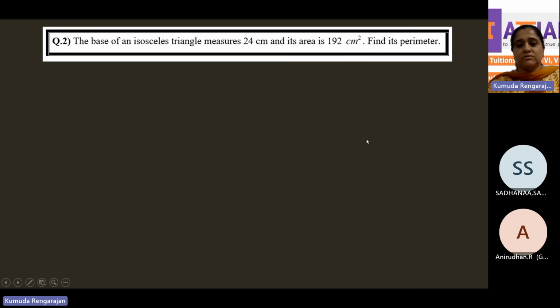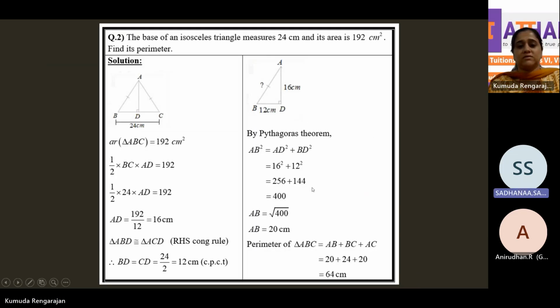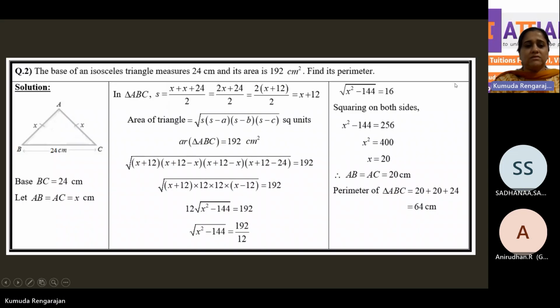It's not 54. 64, ma'am. I've done a different method here, so don't get confused. So check your answers, online students. Almost all of you got it right.